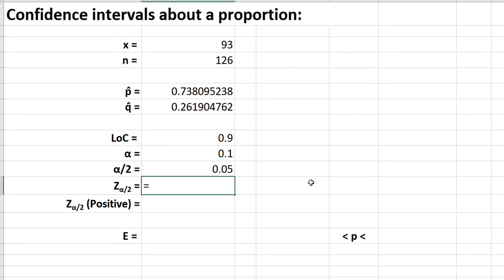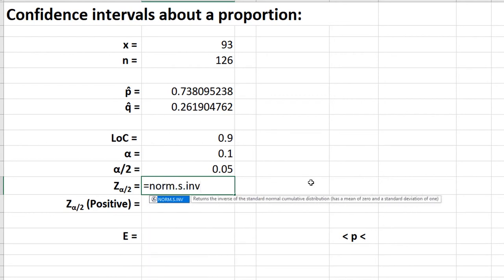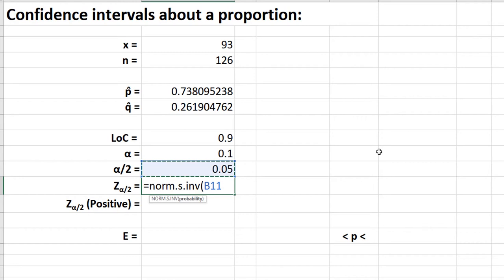Equals NORM.S.INV, and then open parenthesis, and it's asking for the probability, which is what I call area. Remember, those are synonymous. Click on that, and then I close my parenthesis, and I press enter.